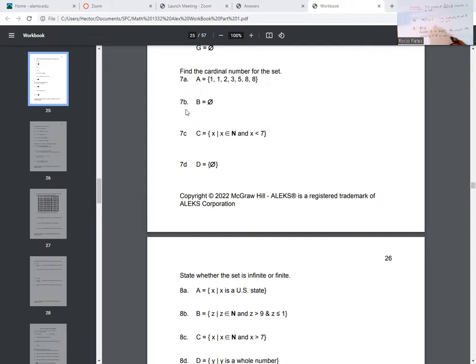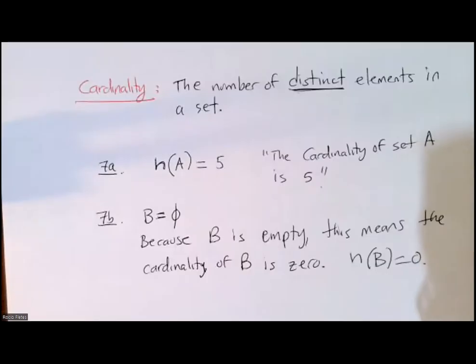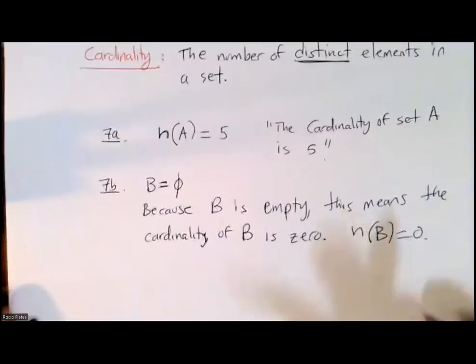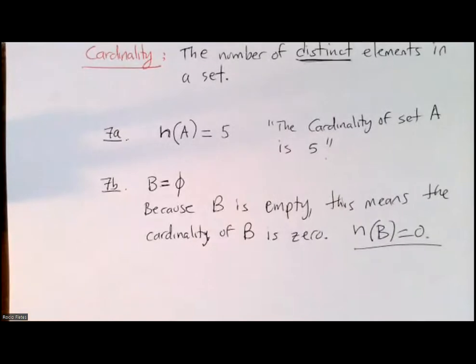This is how you will write it: cardinality of B equals 0, okay? Because B is empty, that means its cardinality is 0. All right, so okay, that's 7b.